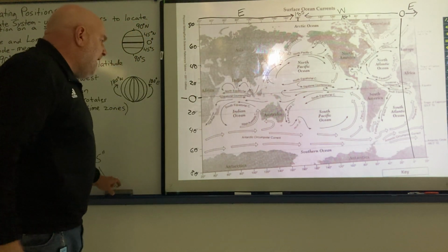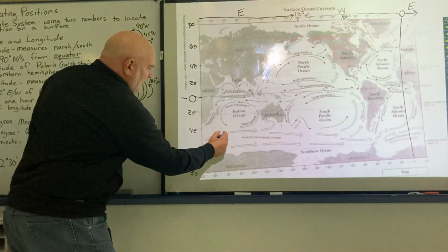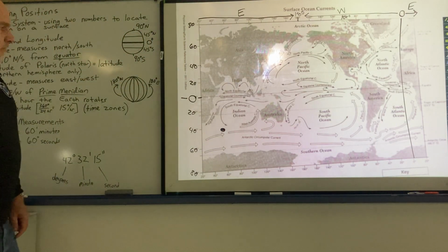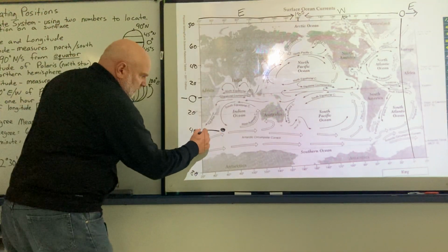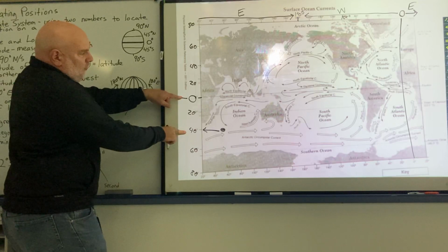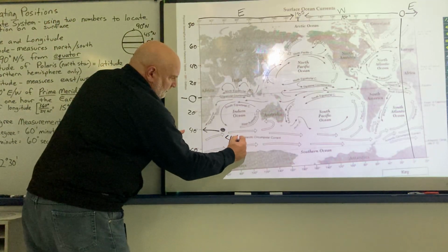If there was a spot, let's say it was down right about there. All right. My latitude, I come this way for my latitude, so that'd be 40 degrees. There's the equator right there. So that would have a latitude of 40 degrees south.